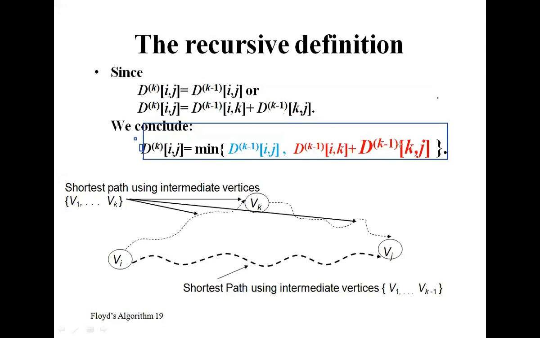So this is the main formula: dk of i comma j is equal to the minimum of dk minus 1 of i comma j and dk minus 1 of i comma k plus dk minus 1 of k comma j. So the shortest path using intermediate vertices.